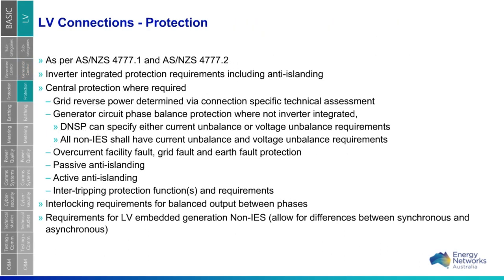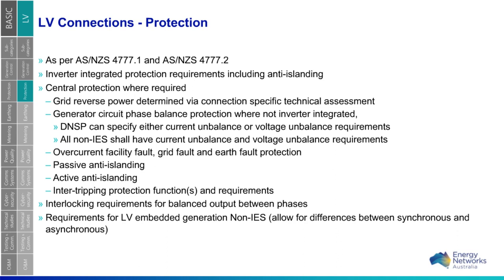So the next technical setting we're looking at is protection. Where appropriate, they should be aligned with 4777.1 and 4777.2, and where they're not, as per the principles or premises of those standards.